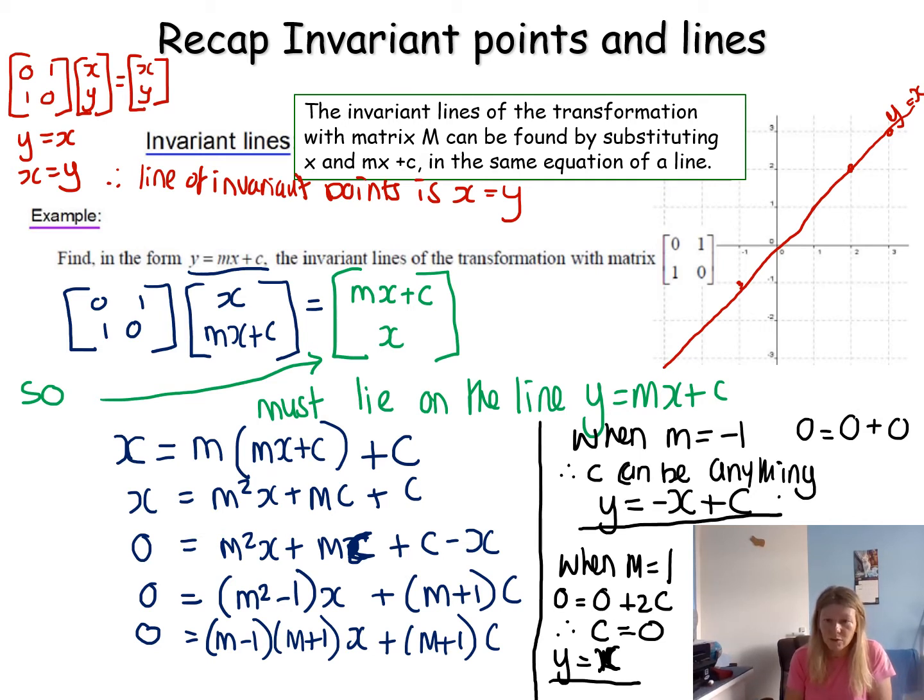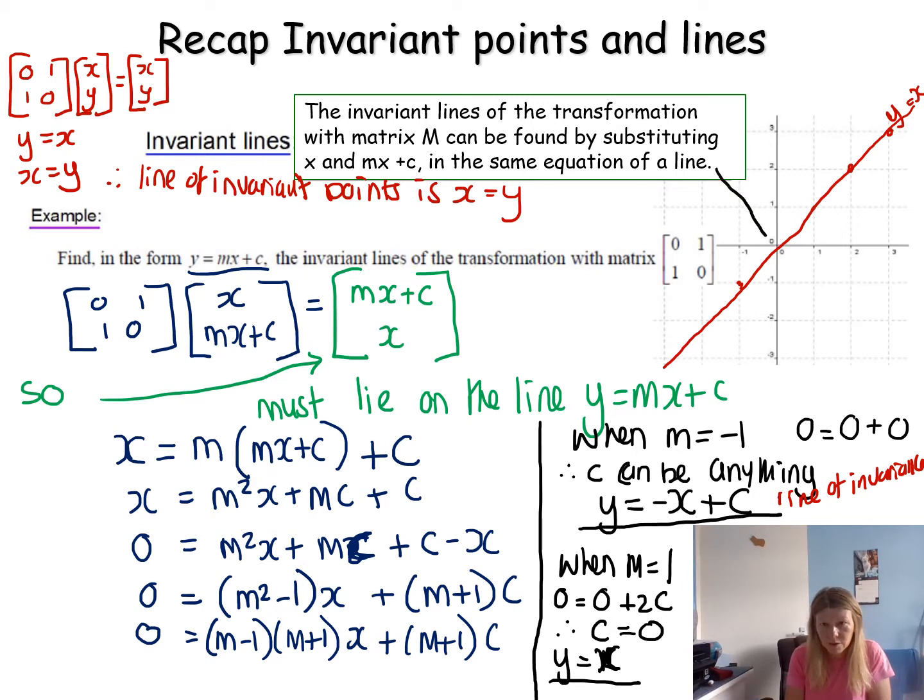If you can squash that on and write it, line of invariance. So they'll map to different points on the same line, and that's your line of invariant points from up at the top there. If you want to draw that other line in, remember c can be anything. It's minus 1, not 1, so it's perpendicular to that line.